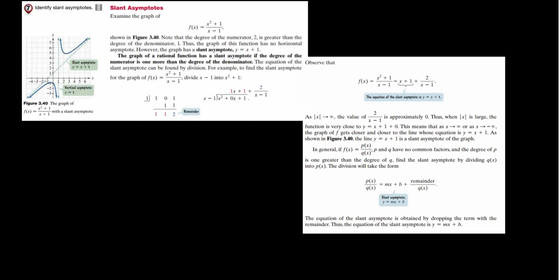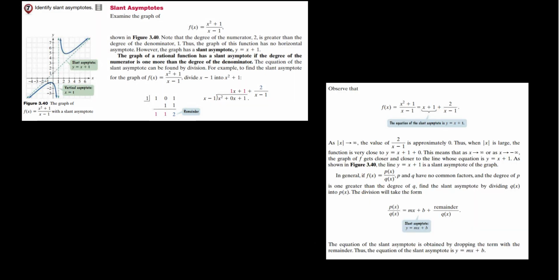Alrighty, so the slant asymptote. Let us see a graph here. Like with a scatter plot, you can map out exactly where something exists. Well, same thing with the slant asymptote. To examine the graph, we have (x squared plus 1) over (x minus 1).